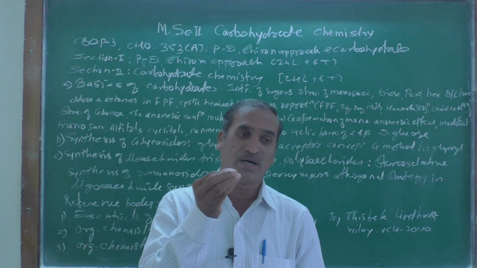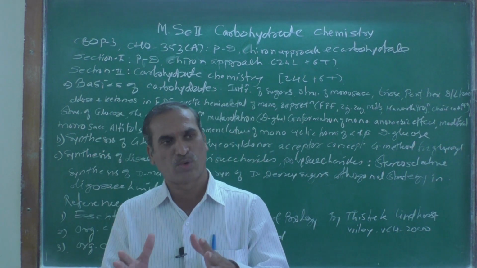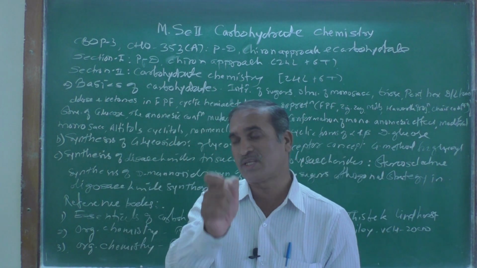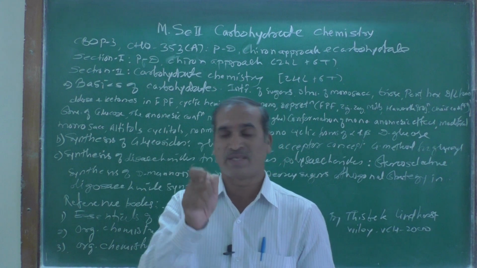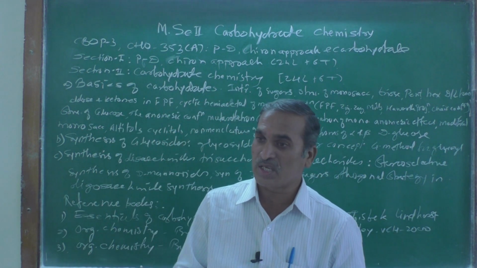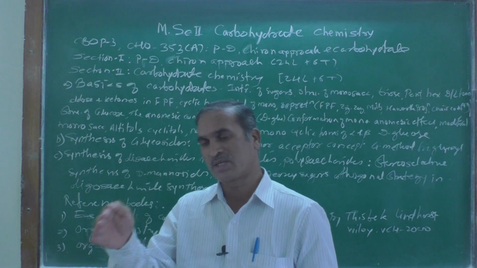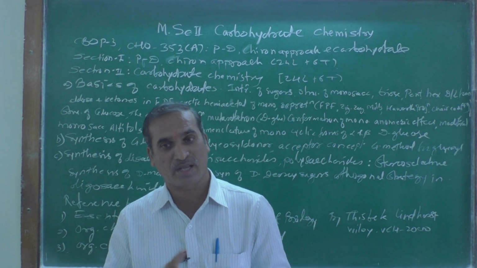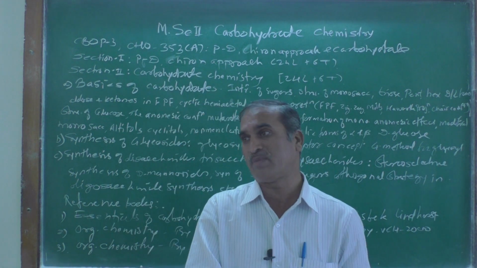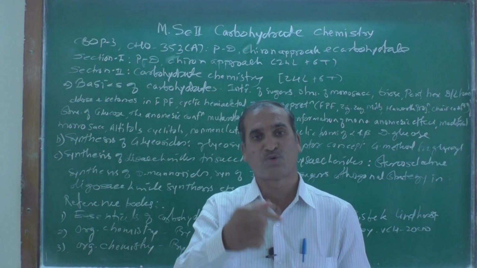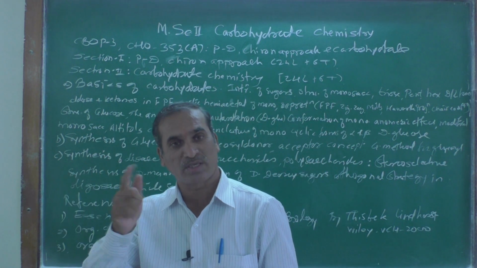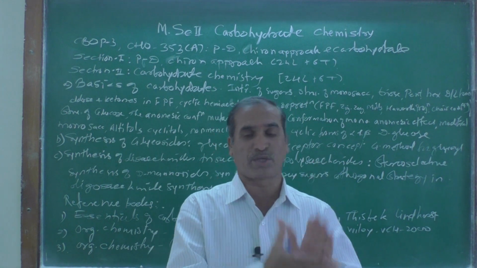One of the functional groups present is CHO, aldehyde, the group present mainly in carbohydrates, and another one is ketone. Sometimes it contains a carbonyl group, meaning the ketone group. As we know, aldehyde means the functional group CHO, sometimes referred to as the formyl group, and the ketone group is the C double bond O carbonyl group, the ketonic group.